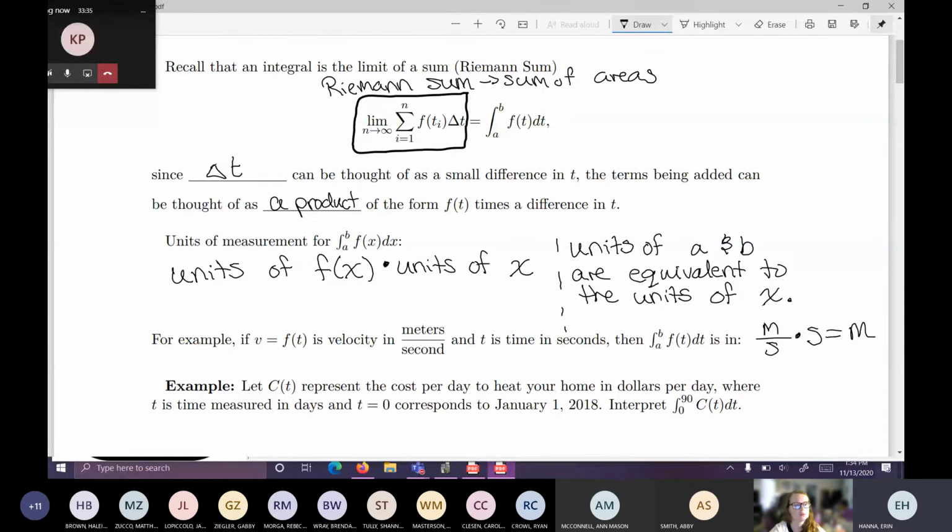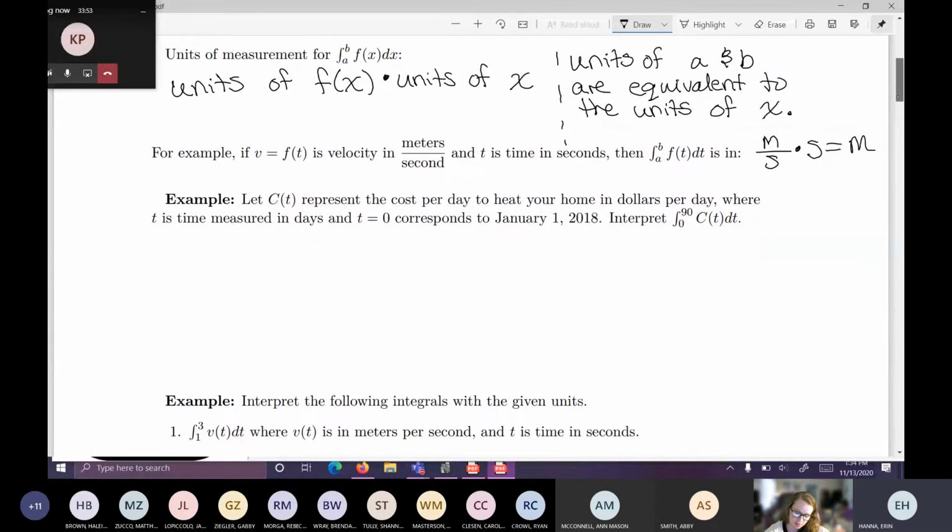So let's do a couple of examples of that. I'll wait a couple of seconds in case people are still writing something down. Let's take this first example. Let C of t represent the cost per day to heat your home in dollars per day.